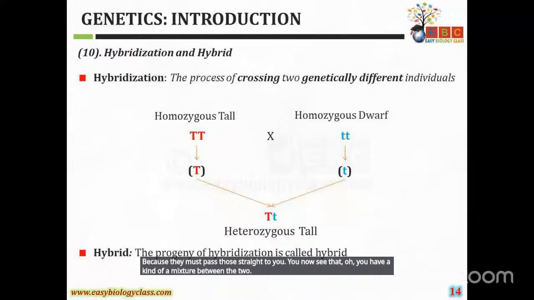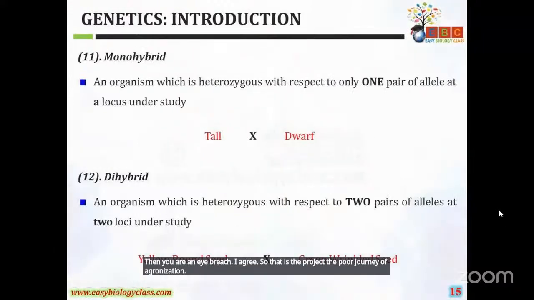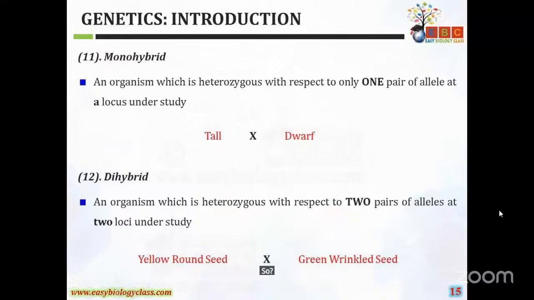Then you are a hybrid. So that is the progeny of hybridization. So then we go on to monohybrid and dihybrid.